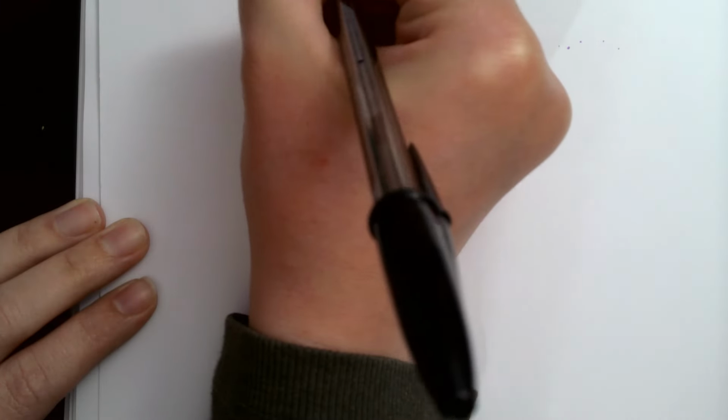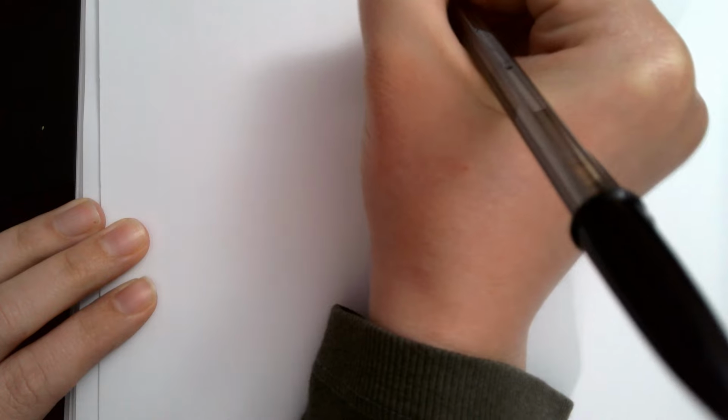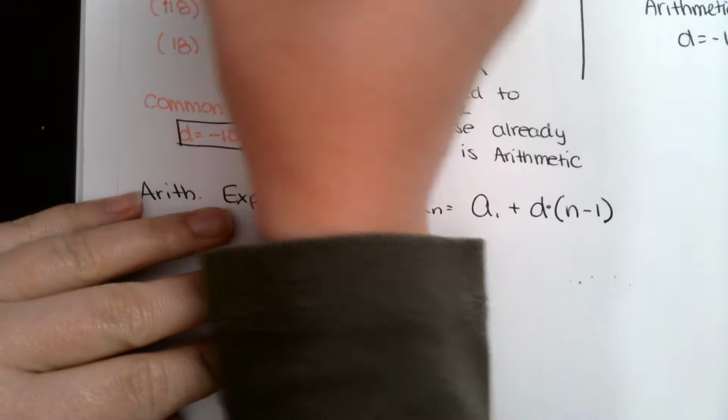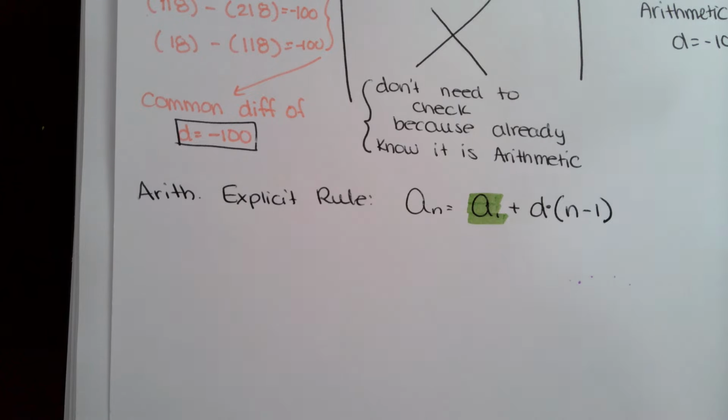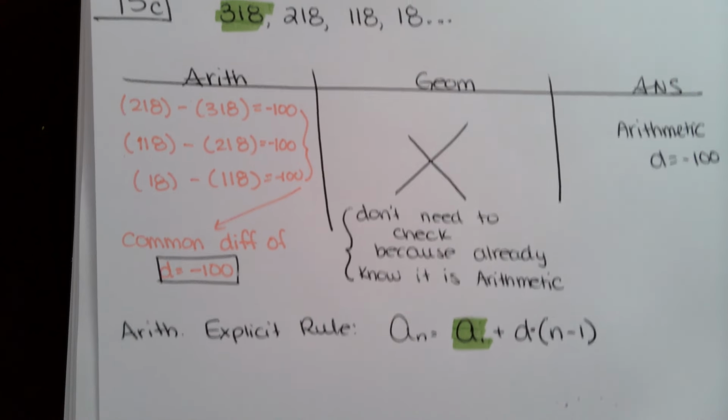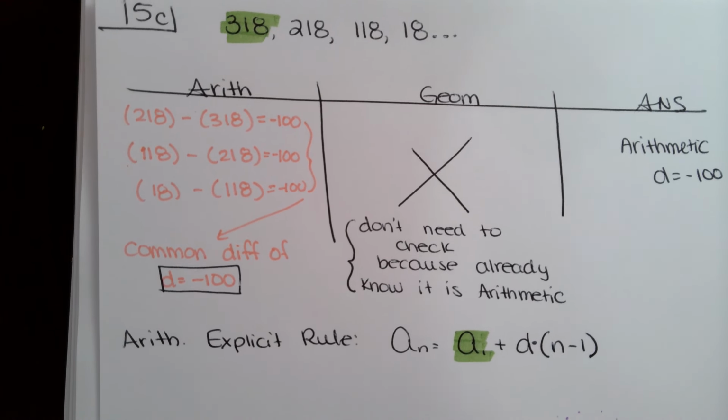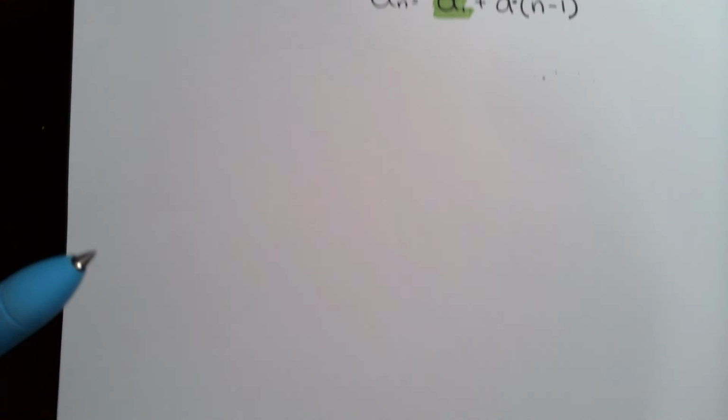To write, again, the arithmetic explicit rule, we got a sub n is equal to a sub 1 plus d times n minus 1, where we have to fill in the term in the first position, which is 318, and we are going to fill in our common difference, which was negative 100.